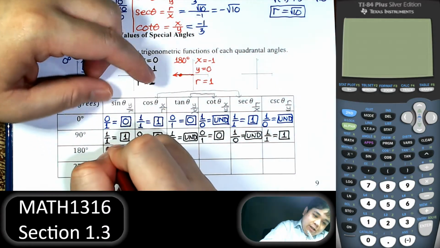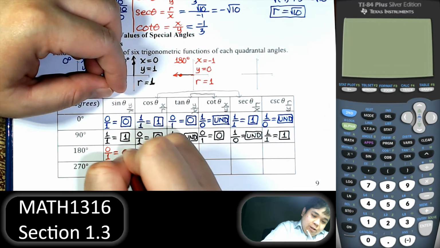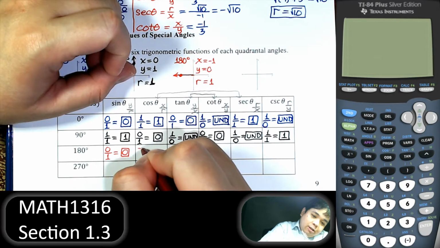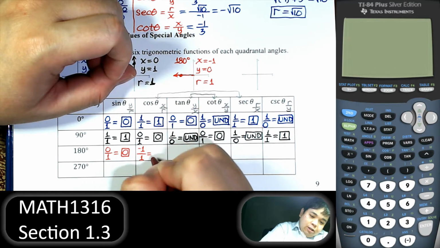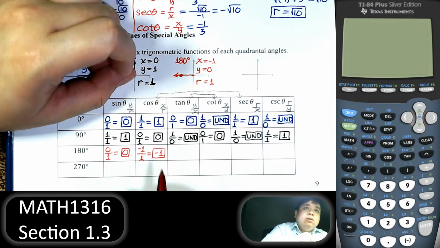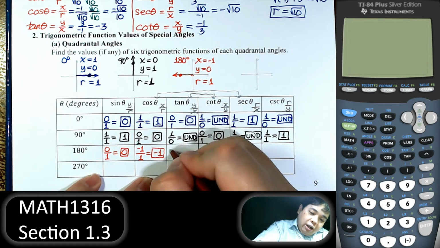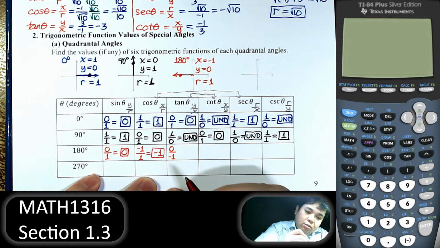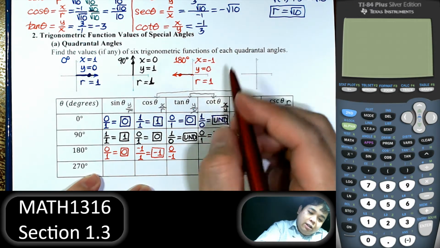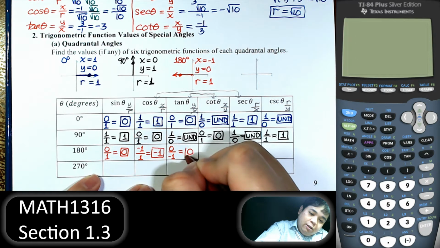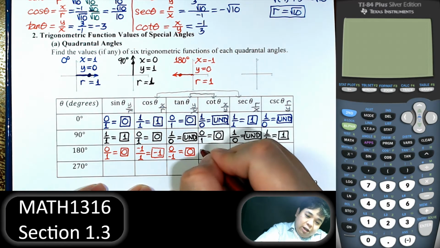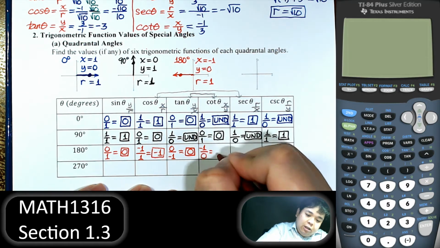Y over r is 0. X over r. Y over x is 0. X over y, so that is undefined.